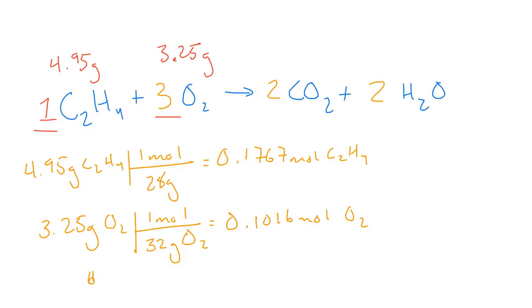Basically, if we triple the number of C2H4, that's how much oxygen we need in order to react this fully, right? So we need basically 3 times 0.1767 moles of oxygen. Do we have that amount?